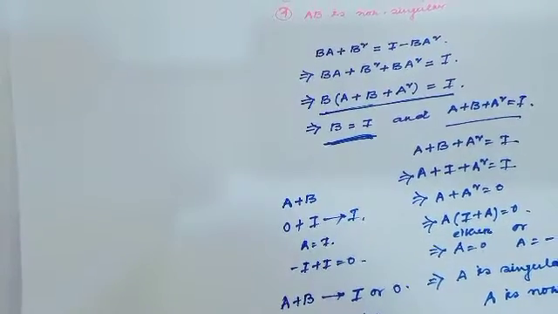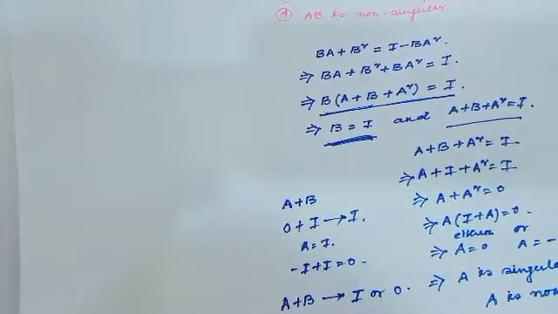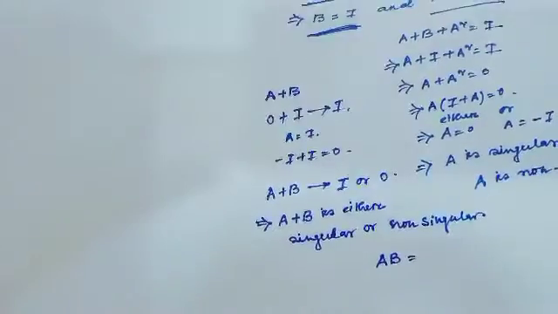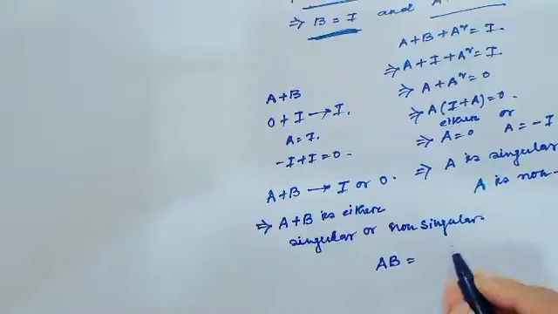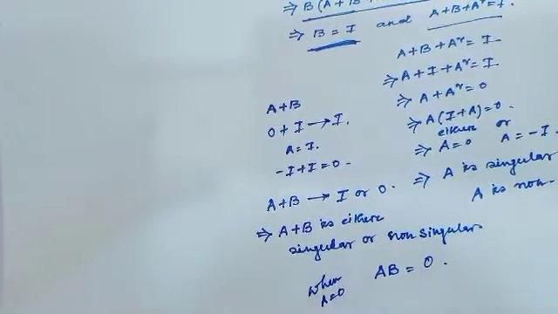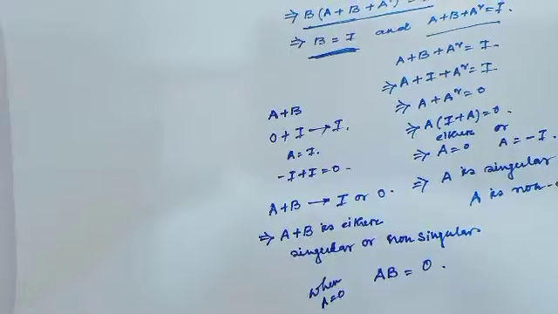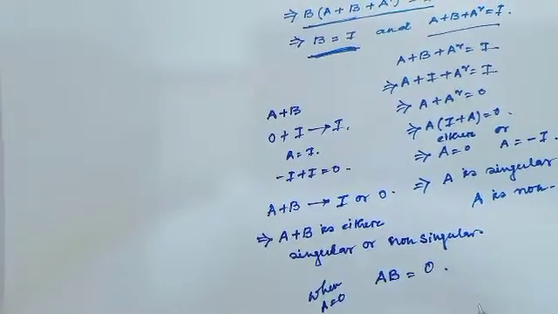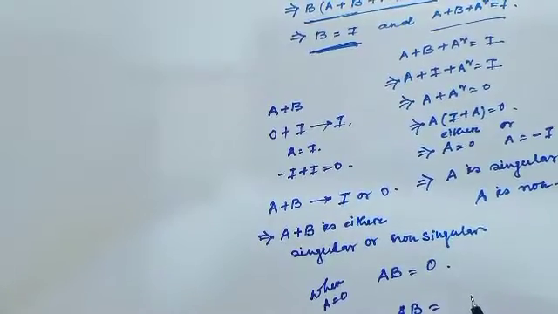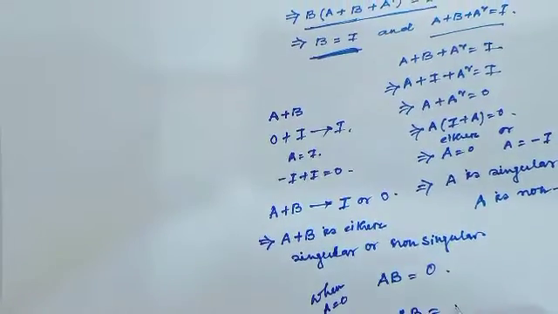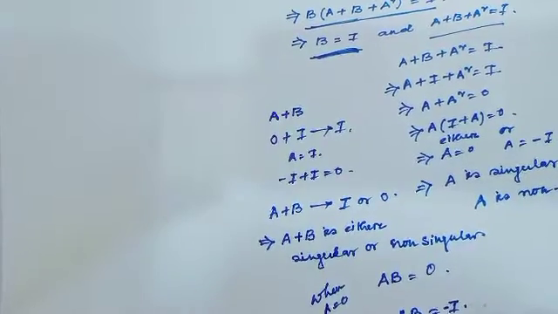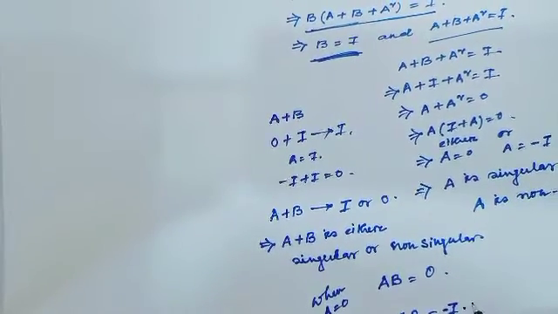Similarly for AB: B is always identity, but when A equals 0, then AB equals 0, and when A equals minus identity, then AB equals minus identity times the value of B, which is always identity.